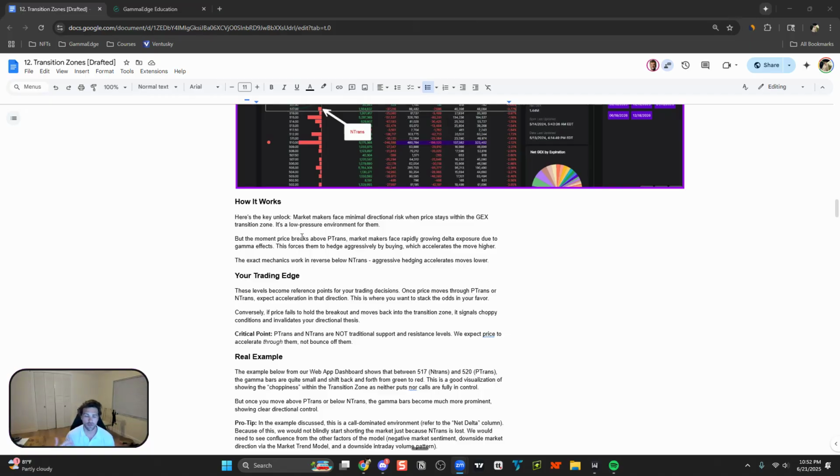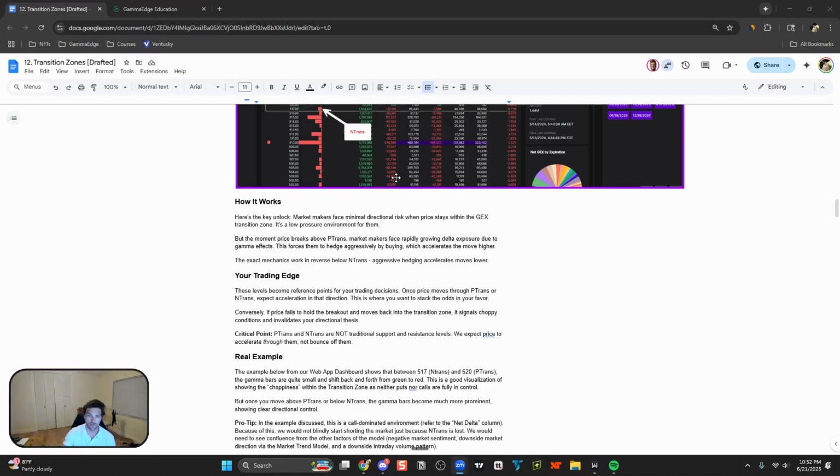But once price breaks free of P-trans, as an example to the upside, market makers face rapidly growing delta exposure due to the gamma effects. The gamma effects meaning that they're rapidly increasing their delta exposure, creating directional risk, which they do not want.